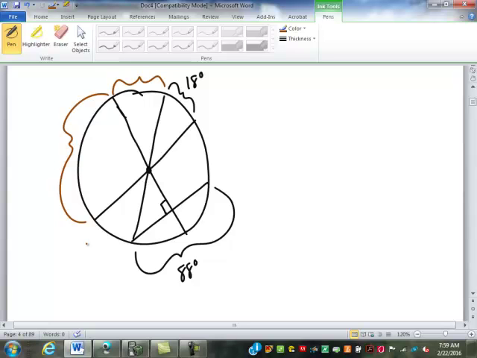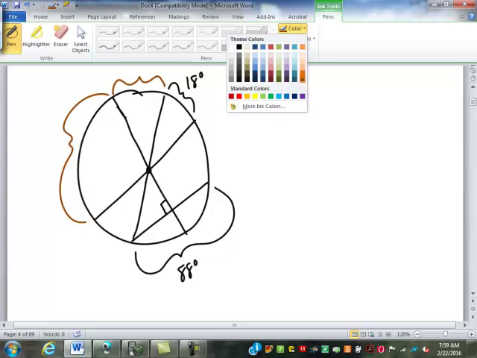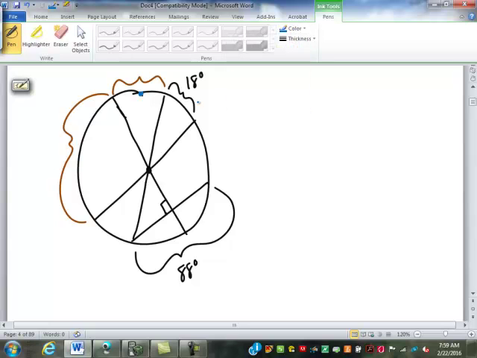What did you find for this one? This one here is going to be 44, right? Which makes this angle here 44, which makes this arc here 44.